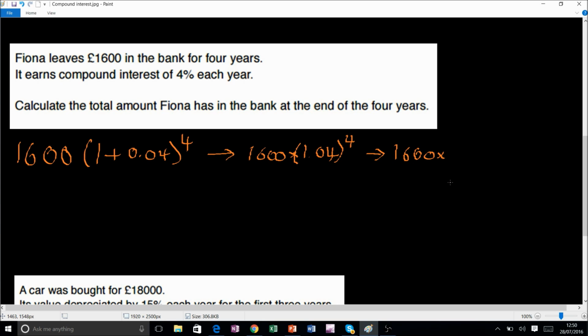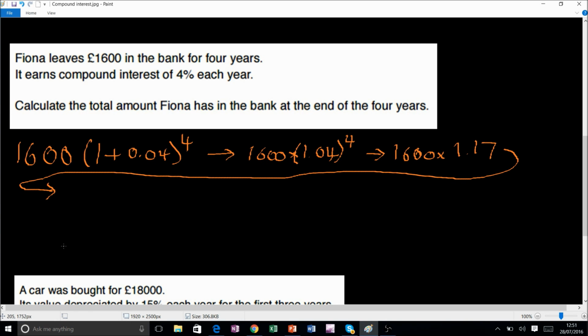1.04 to the power of 4 is going to give us, if we round it to 2 decimal places, 1.17. Okay, to 2 decimal places.